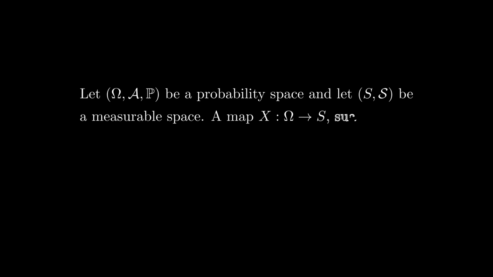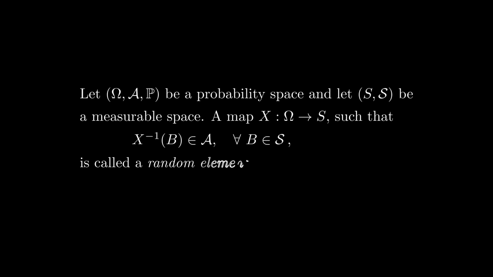And these two ideas, transforming outcomes with mappings that have measurable pre-images, aren't specific to our coin tossing example. They are actually the core idea behind how random variables are defined in general.